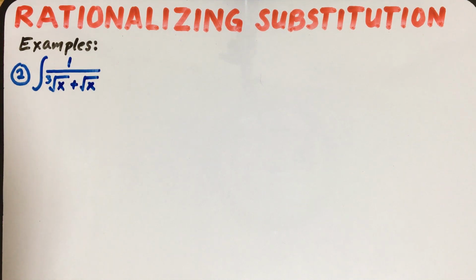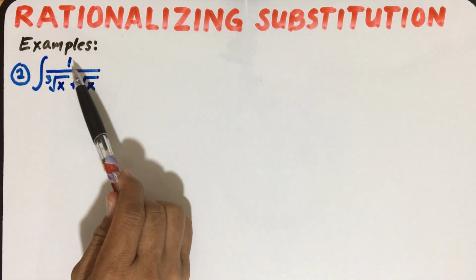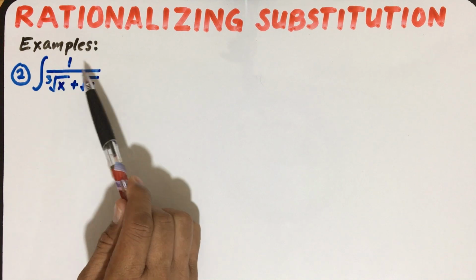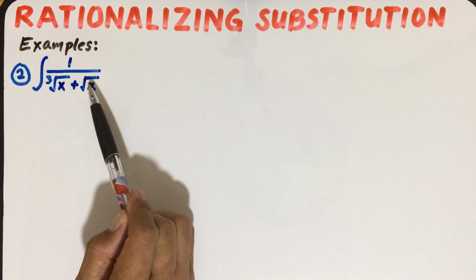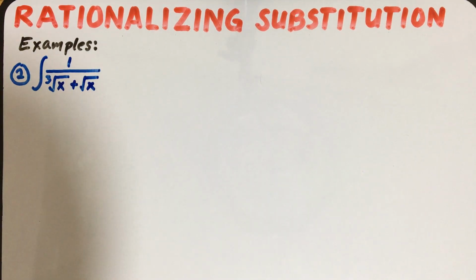That's why we are going to do the u substitution. So we have here the given integral of 1 divided by the cube root of x plus the square root of x.